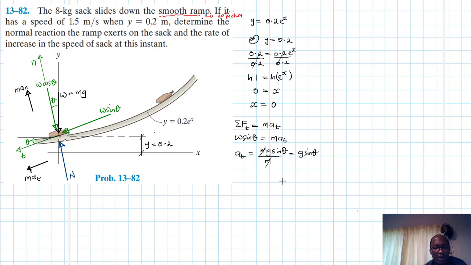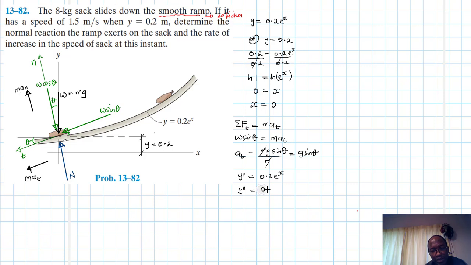We need to find the angle, right? We need to find the angle. So in finding the angle, we need to take the derivatives of y. So we'll say y prime is just equal to 0.2. Derivative of e to the x just remains e to the x. Let me do in advance y double prime for the sake of the radius of curvature.